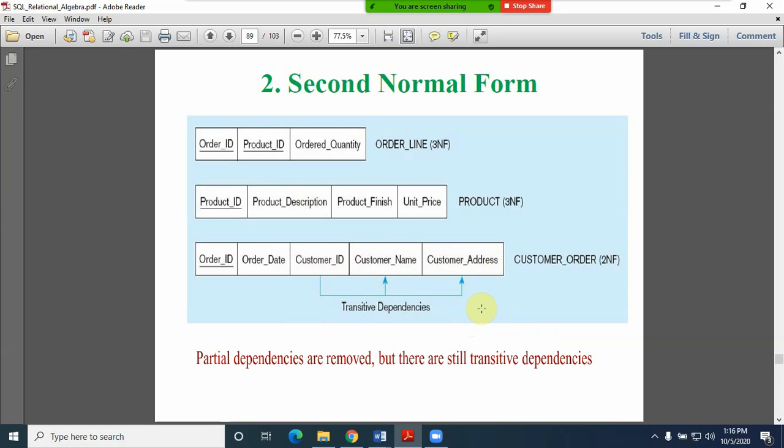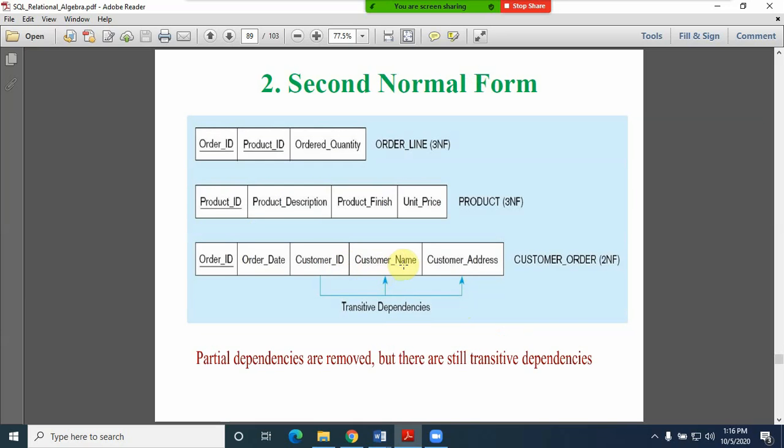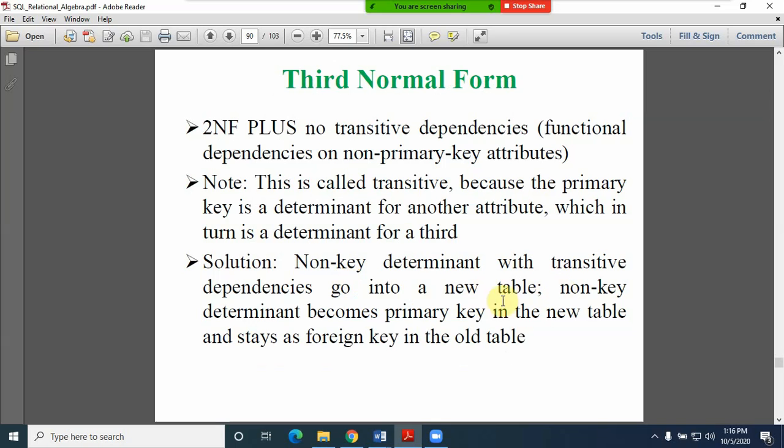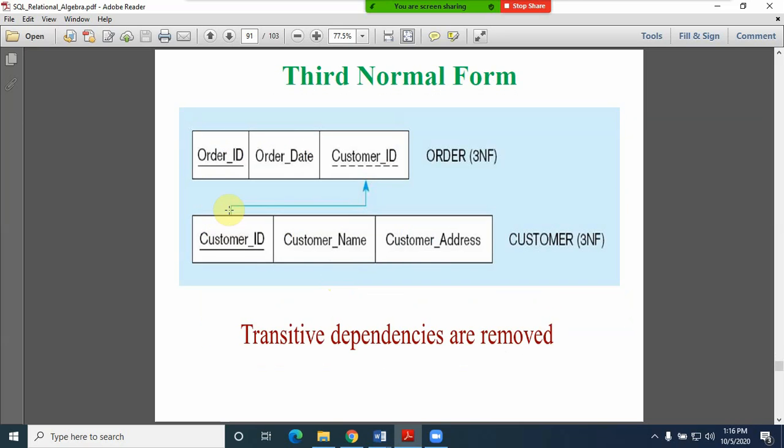So what we have done is we removed the transitive dependency. The customer name and customer address move to the new table, and the non-key determinant becomes the primary key in the new table. This customer ID becomes a primary key in the new table.